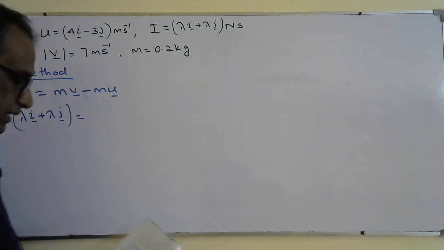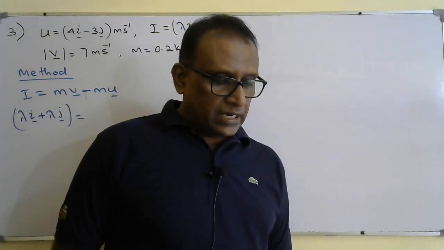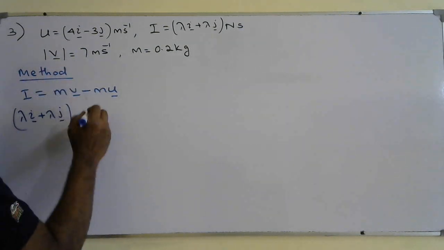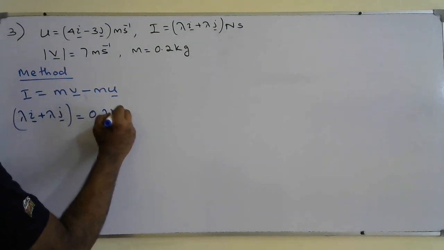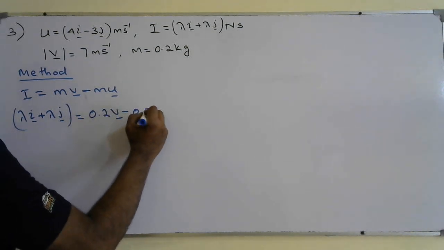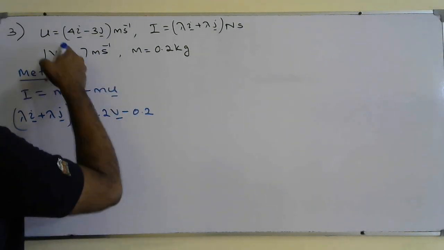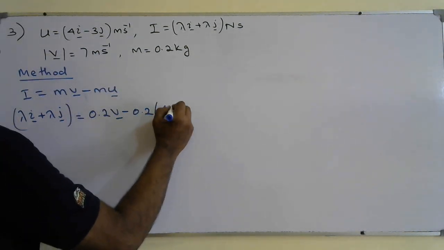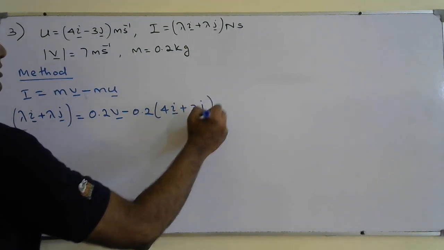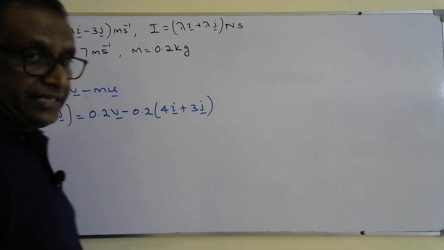We don't know the velocity vector, so we'll just take it as v: 0.2 times vector v minus 0.2 times vector u. We know u is 4i plus 3j.